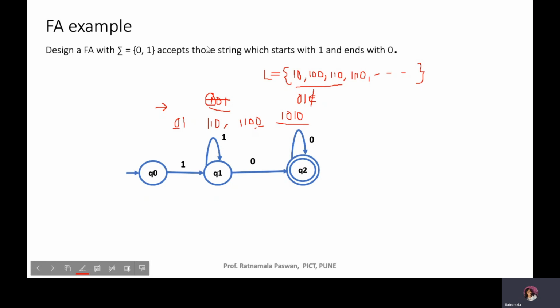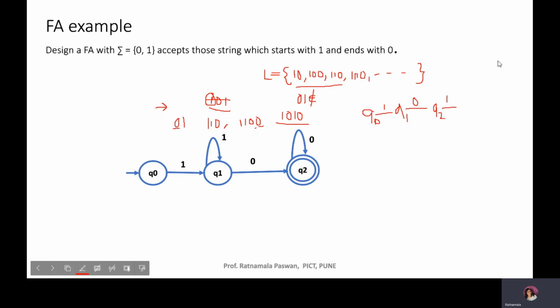1010 is a valid string as per this problem statement, but let us check whether it is accepted by this FA or not. From Q0 on input 1, it goes to the next state Q1. The next input symbol is 0, so from Q1 on 0 it goes to Q2. The next input symbol is 1, and from Q2 on 1 there is no transition.